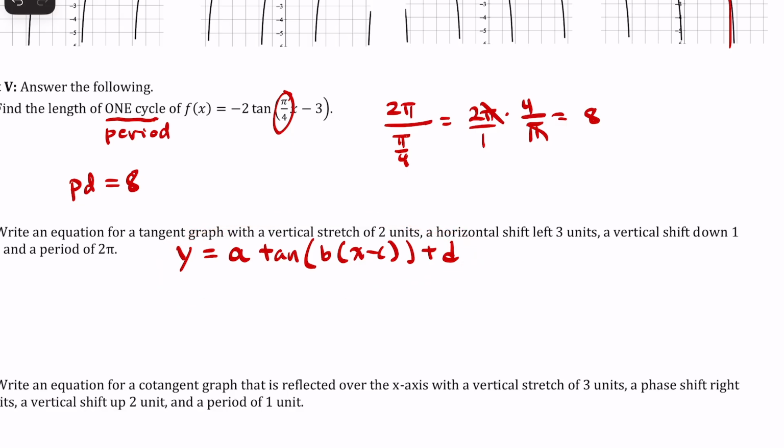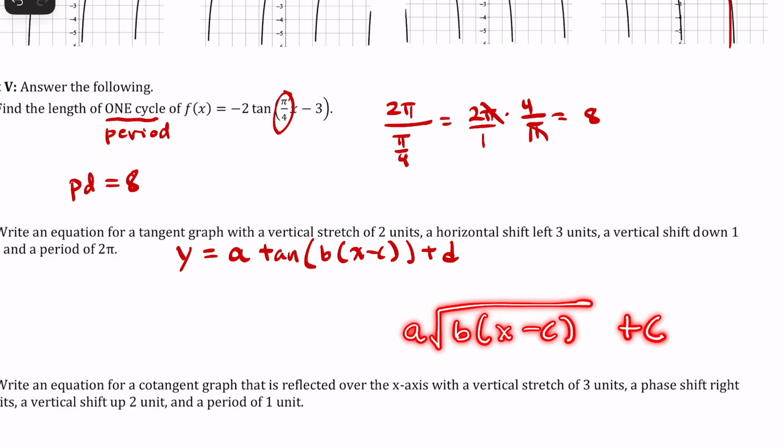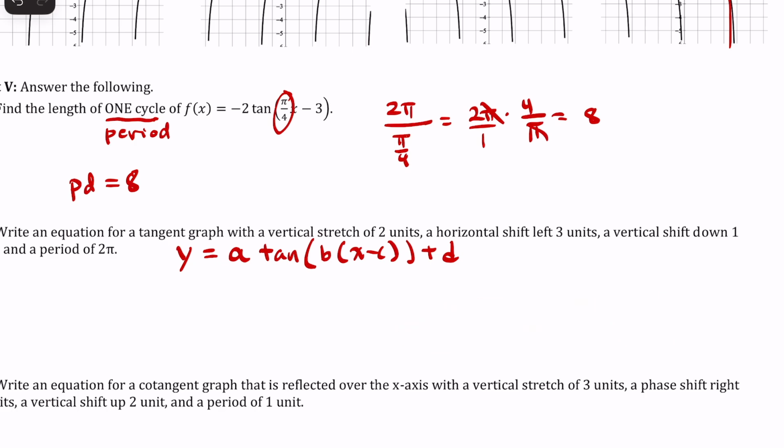Like if I did a square root function, I could say, okay, it's A square root of B times x minus c plus d. That should be a d. There we go. That looks like a transformation for a square root function. You could do that with any function.